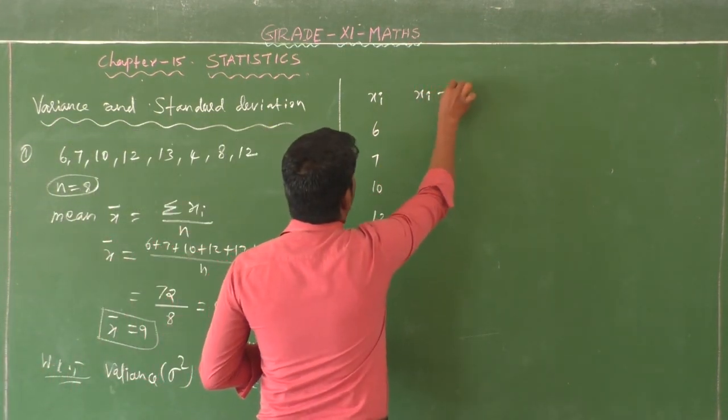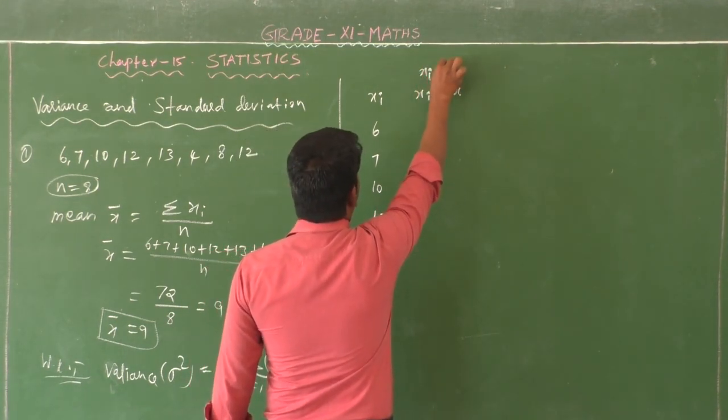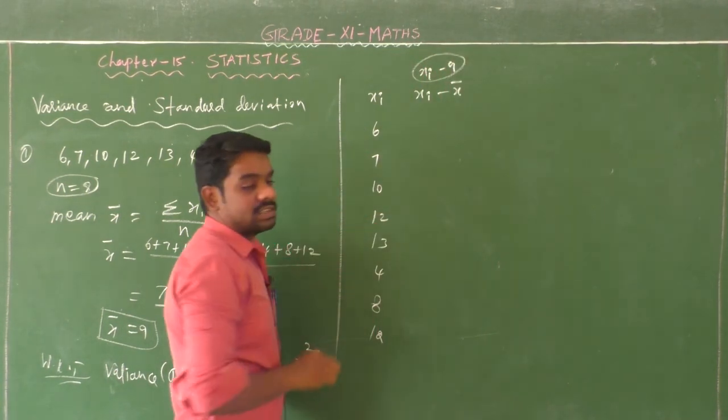Listen, here xi minus x bar is xi minus 9.